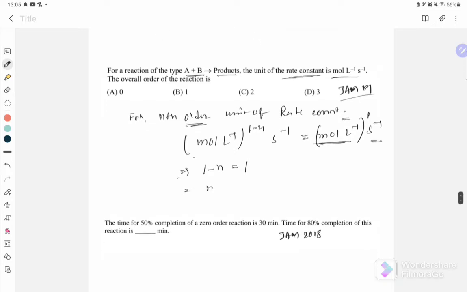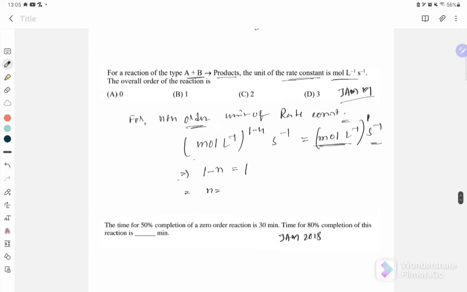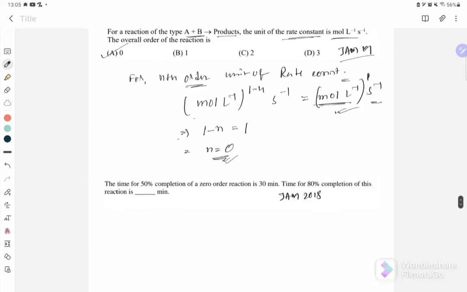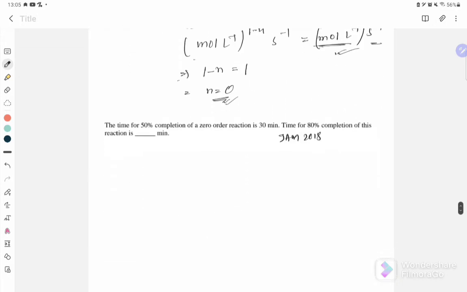So n will be 0. If n is 0, it will be equal to this one. So our order of the reaction is 0. It's the correct option. So our next question that came in JAM 18.